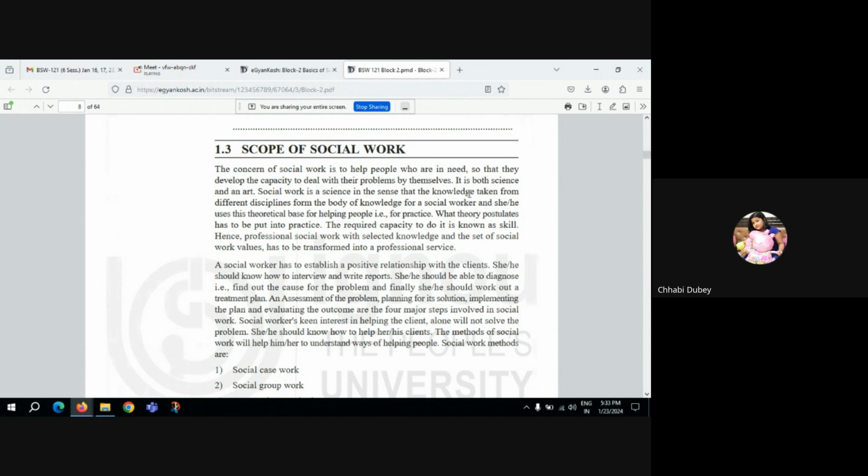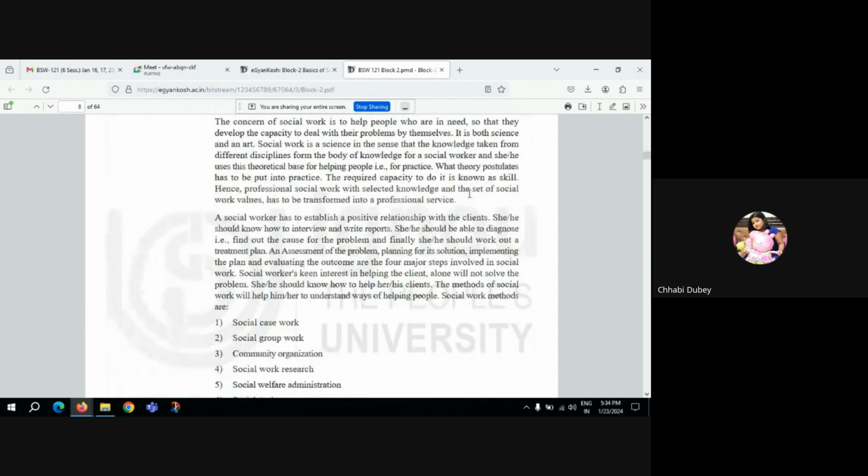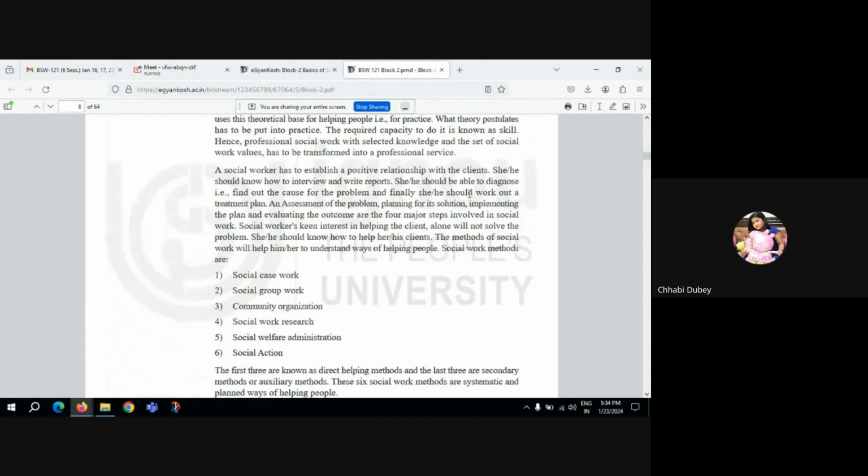Of course, there are certain methods through which the social worker can help the clients or the people who are in need of help. These methods can be primary methods or secondary methods. The first three methods here, social casework, social group work, and community organization, are known as direct or primary methods.